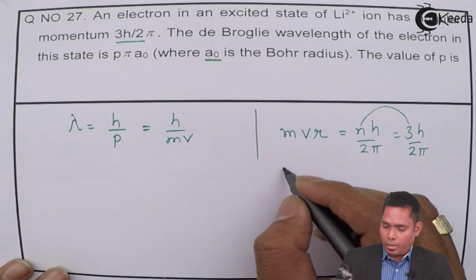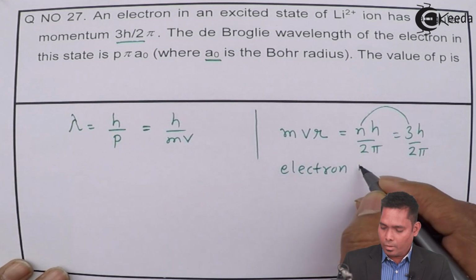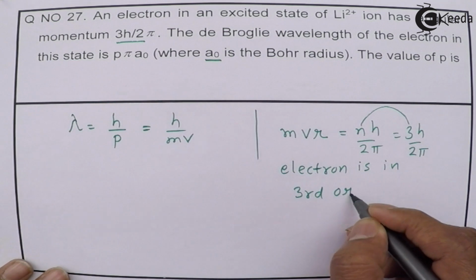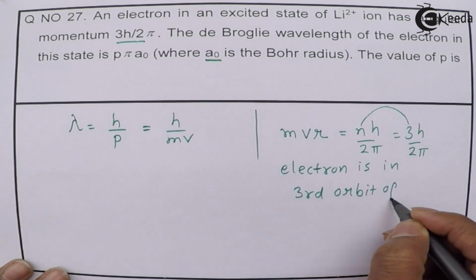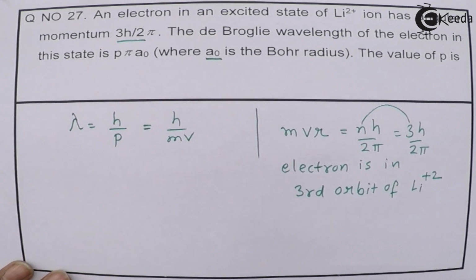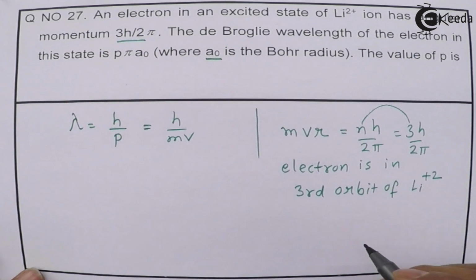So, the electron is in the third orbit of the Li2+ ion in the excited state. So n is 3 here.